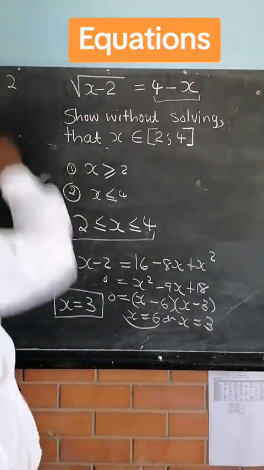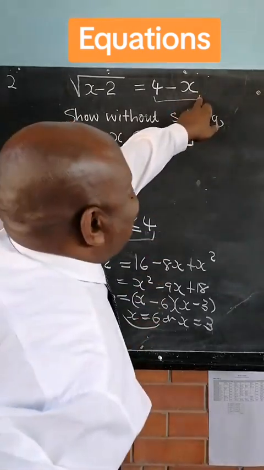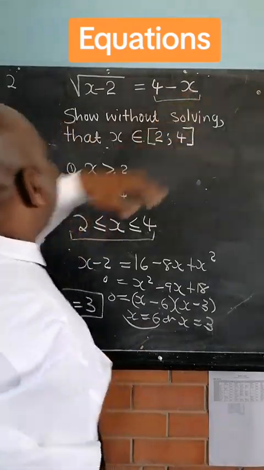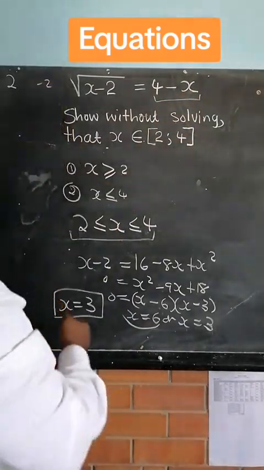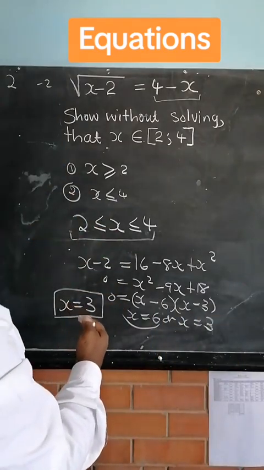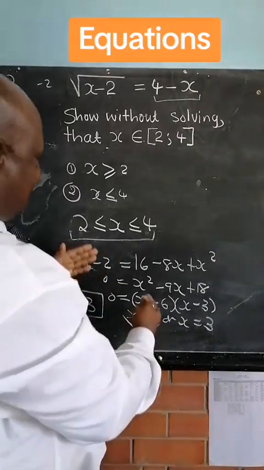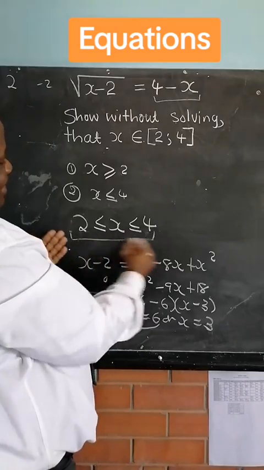So on the left, I have 2. But if I put x equal to 6 on the right, 4 minus 6 will be negative 2. So this is a state of disequilibrium because the left-hand side is 2, but the right-hand side is negative 2. So that validates what I've just discussed today.